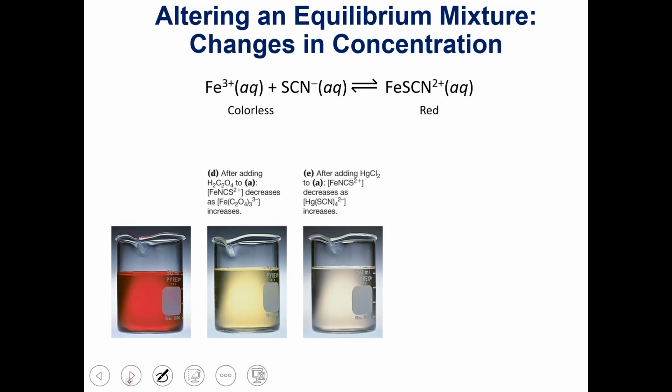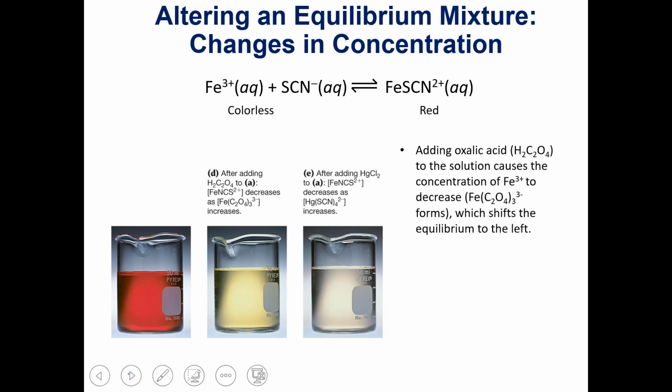If we take another example, we have iron plus the thiocyanate ion reacts to form iron thiocyanate, and our iron thiocyanate is a bright red color. If we have our reaction mixture, which has our iron thiocyanate in it, and we add oxalic acid to our solution, this is going to react with the iron and form an iron complex.